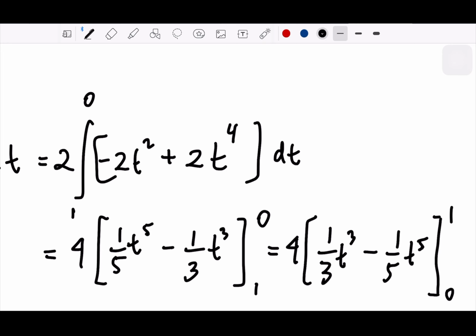So this should be 1 over 3 or 15. This should be 2 over 15, so it should be 8 over 15.